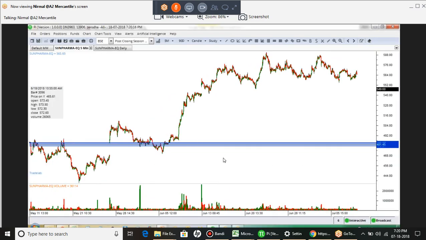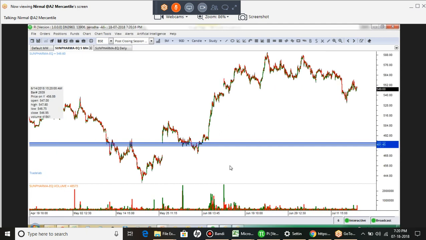Okay, now if you look at this, whatever lines we have drawn here, okay, I'm reducing this. Is the stock bullish or bearish? Bullish. Yes. Okay, so the stock is bullish. That is what at least it is trying to indicate, right?